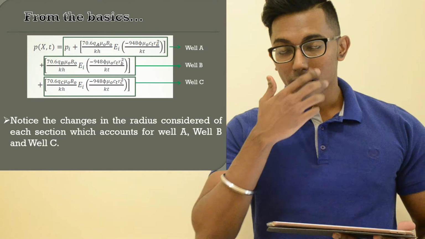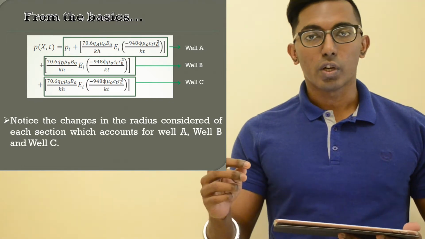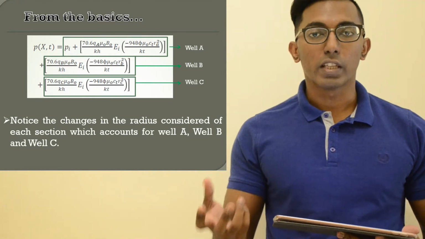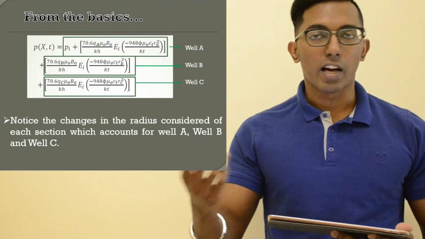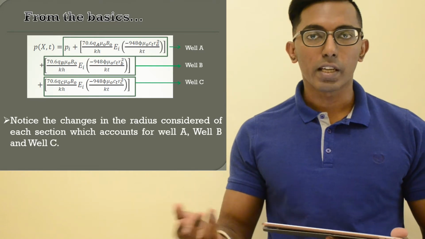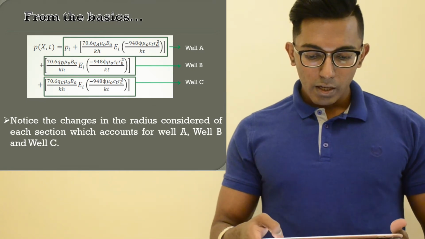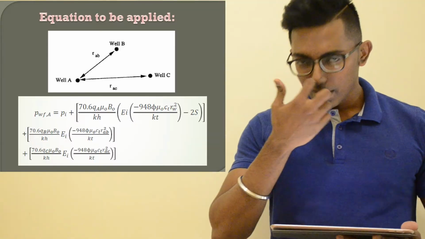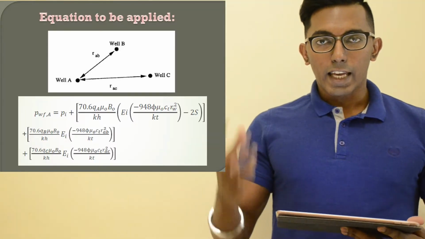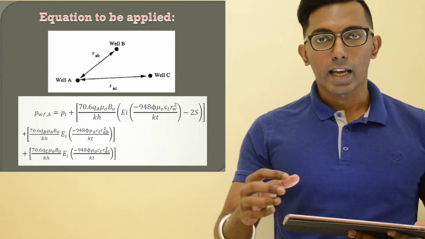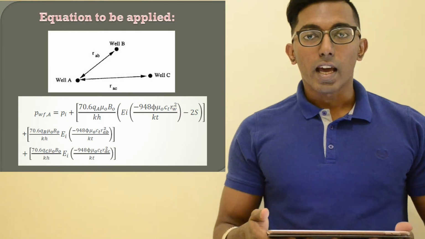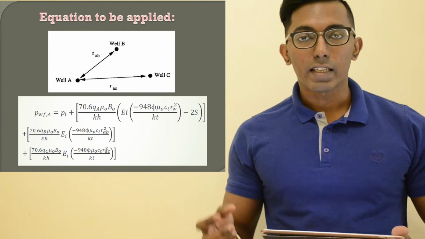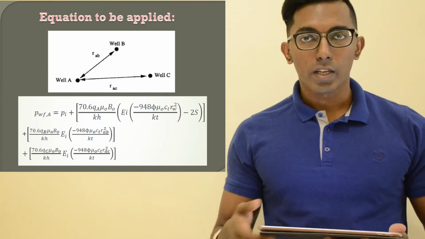Notice that the change in the formula is that we do not use rw as the Ei function normally does. We use the radius of each well: rA for well A, rB for well B, and rC for well C. In the slides, the distance from well A to well B is denoted as rAB, and from well A to well C as rAC.